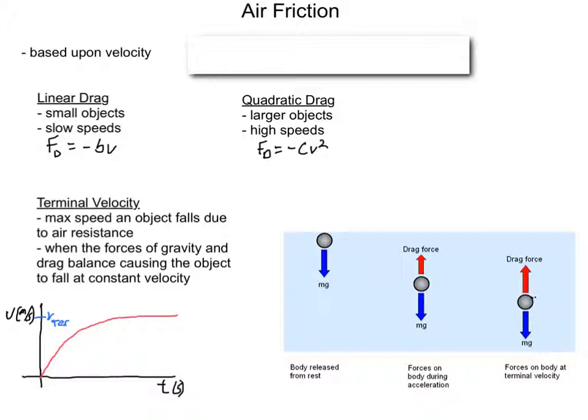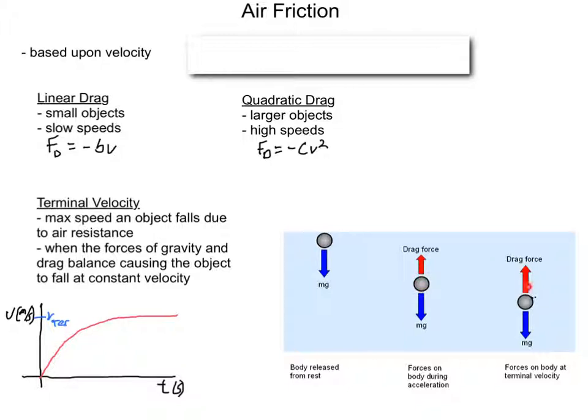As I continue to fall, though, my velocity finally gets so large that the drag force completely balances out mg. Notice how now the drag force, the magnitude of that vector, is completely equal to the magnitude of your force vector. By the way, I don't like the fact that these vectors aren't actually touching the object.